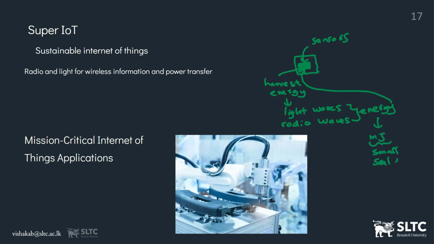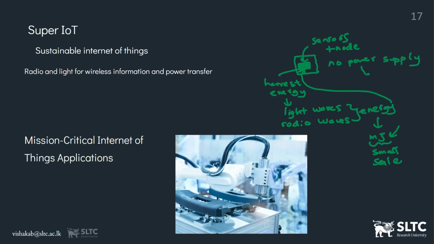However, that small amount of energy is enough for us to do the functions at the sensor node level. So the sensor node is able to produce its own energy for its own functions. In that case, we don't need to give a power supply to this node.